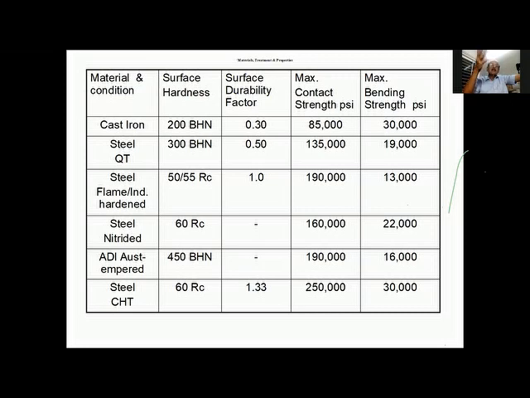In fact, most heavily loaded components are not designed for more than about 240,000 to 250,000 psi. So this is higher than the maximum loaded gear. That's why today close to 75-80% of gears are put through the last treatment of carburizing, hardening, and tempering.